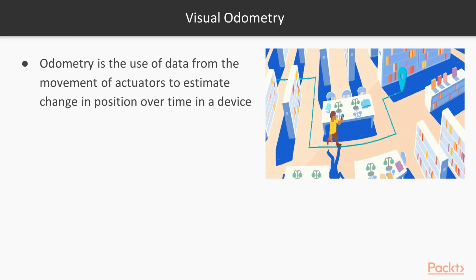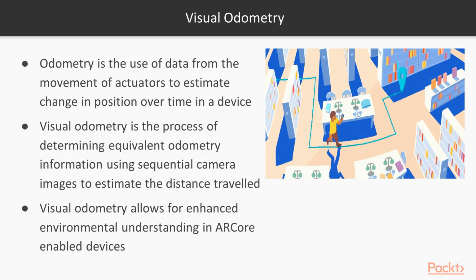In this case, when we say actuators, we're talking about inertial motion sensors in a device like accelerometer, magnetometers, and so on. So visual odometry is the process of determining equivalent odometry information using sequential camera images to estimate distance traveled. Visual odometry allows for enhanced environmental understanding in ARCore-enabled devices.